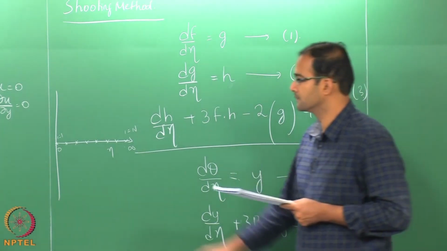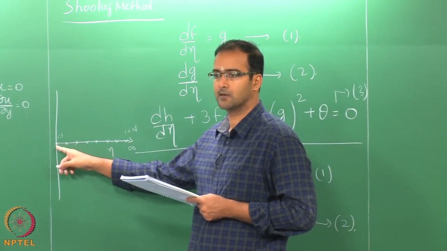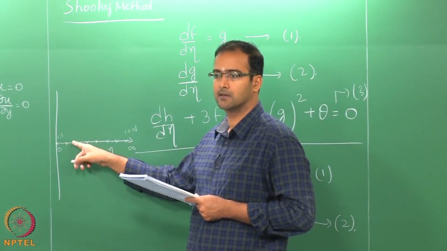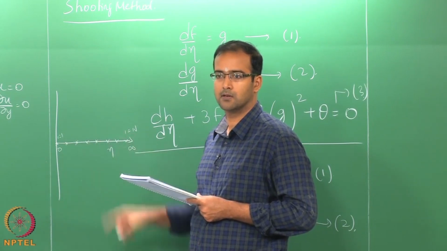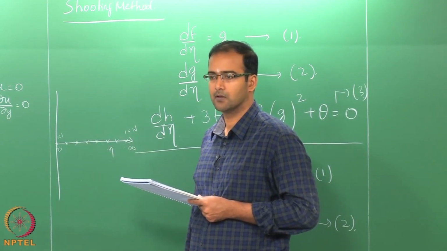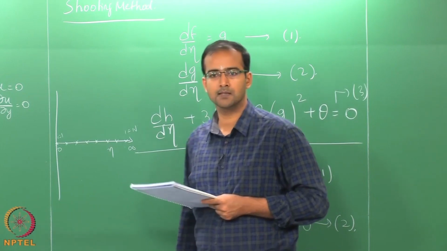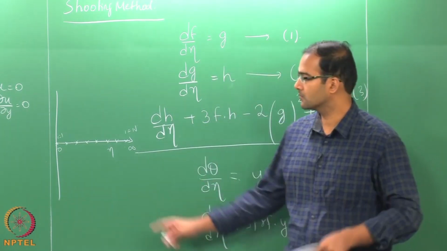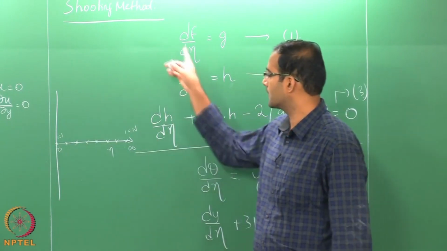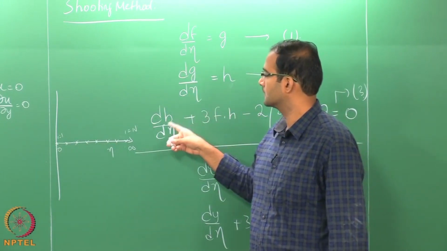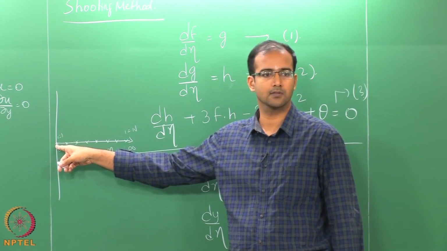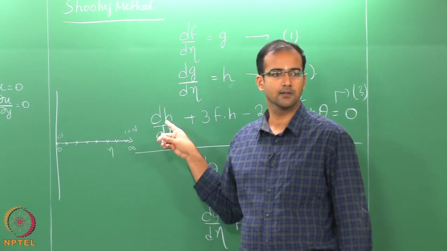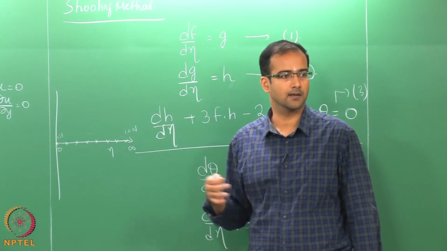Once you know the solution at the previous location, you can use that to calculate the solution at the next location and keep going forward till you reach I equal to n. Now, in order to march forward in space, you need to know the boundary conditions for f, g and h at I equal to 1, that is at eta equal to 0, then only you can march in a straightforward manner.